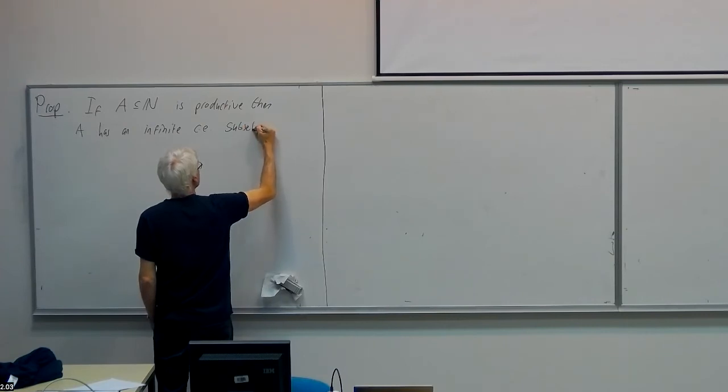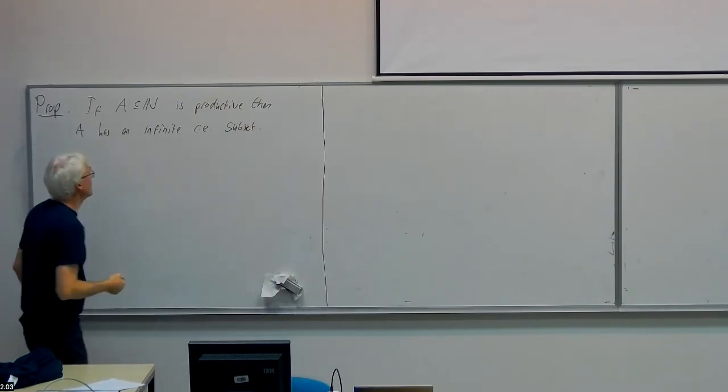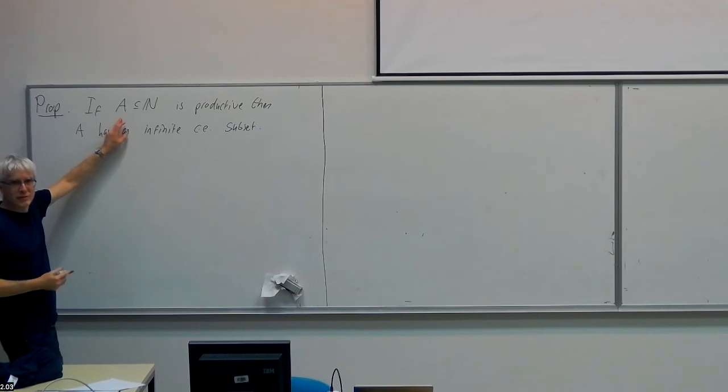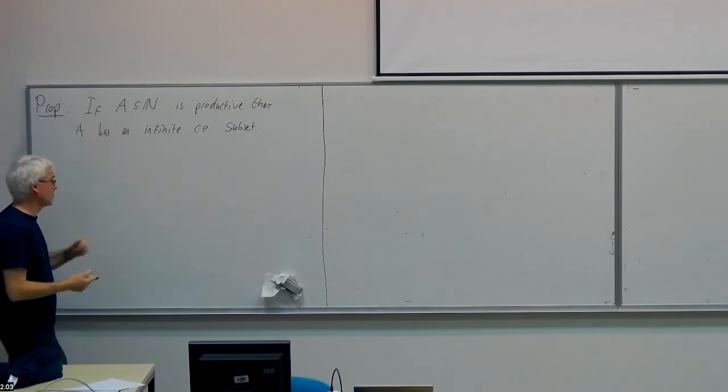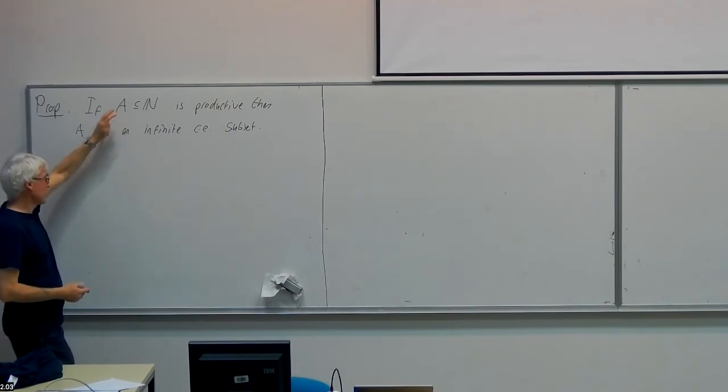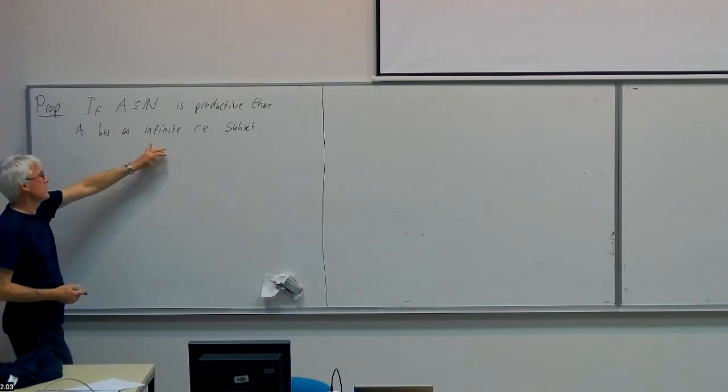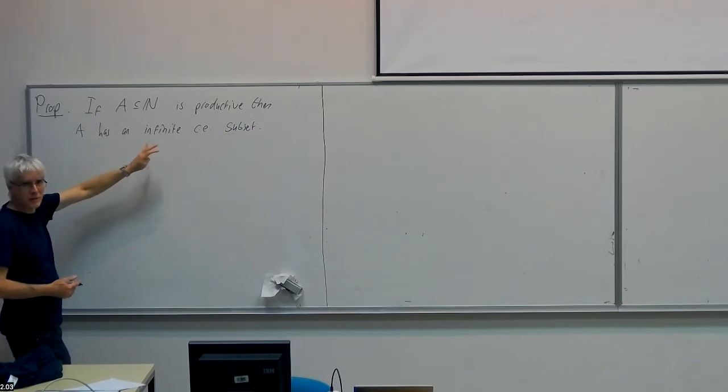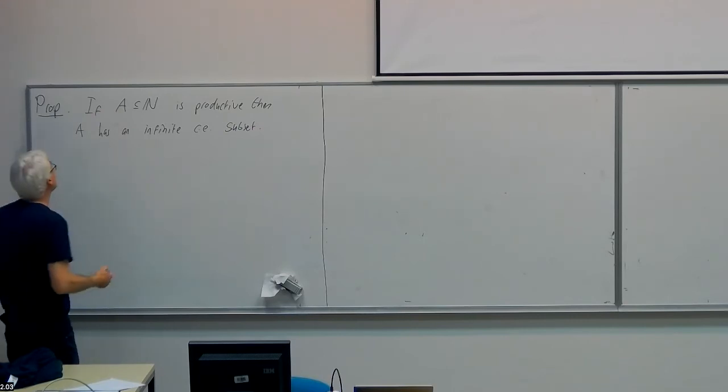So it's not computably enumerable itself. It's necessarily an infinite set because any finite set is computable, so certainly computably enumerable. But it has the strong property that it's not just infinite, but it has a computably enumerable infinite subset.